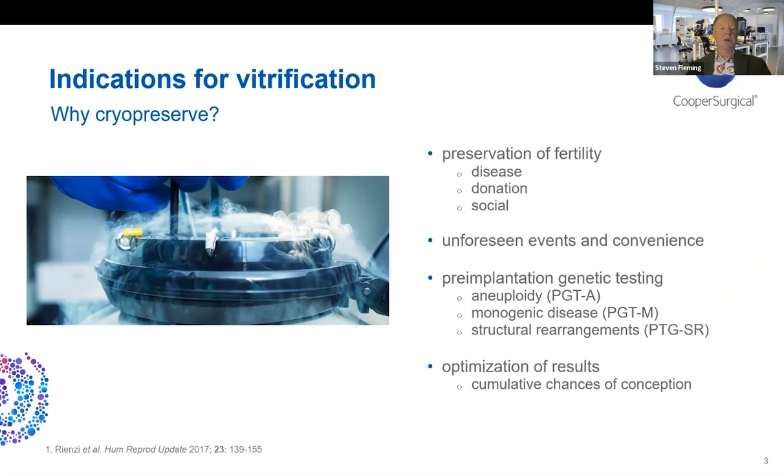It can also make treatment more convenient for patients that may not necessarily be able to be present on the day of, let's say, oocyte retrieval. And blastocyst cryopreservation, of course, also allows time in which to receive PGT results and can contribute to the cumulative live birth rates.